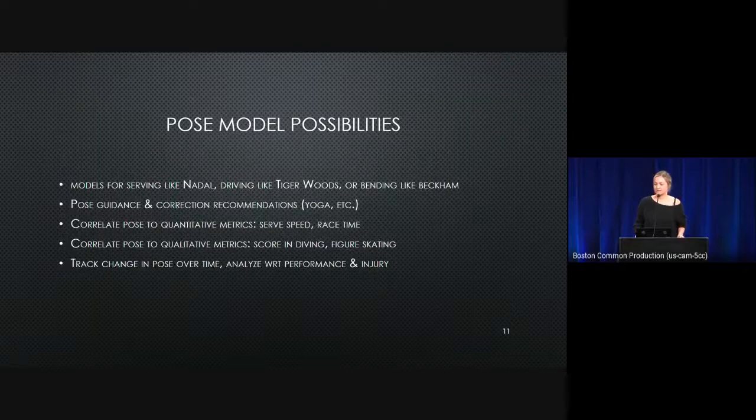And of course, the reference I made to tracking a change in pose over time, trying to find anomalies: does your pose change? If you have a player you've been watching for X number of games, you're pretty good at identifying his pose, and then all of a sudden it starts looking very different. You can flag that and say, is this guy potentially leaning towards injury? I've been told that can be a problem, because often players will want to play regardless of whether or not they might be feeling like they shouldn't.